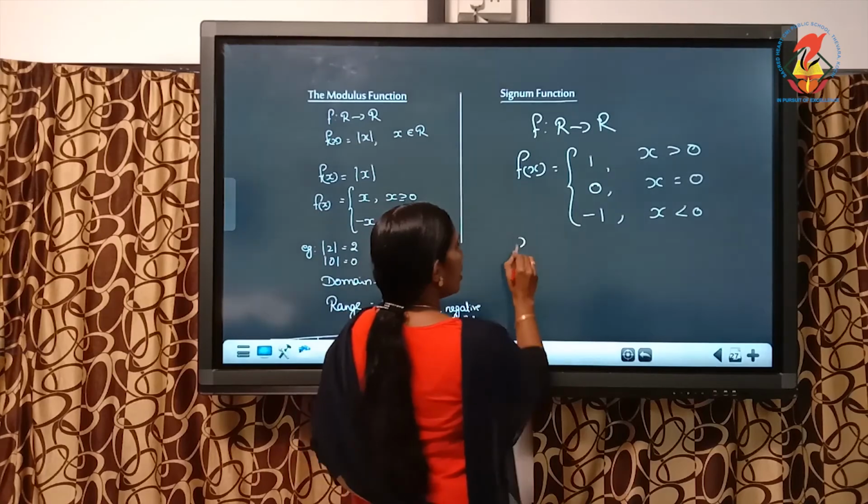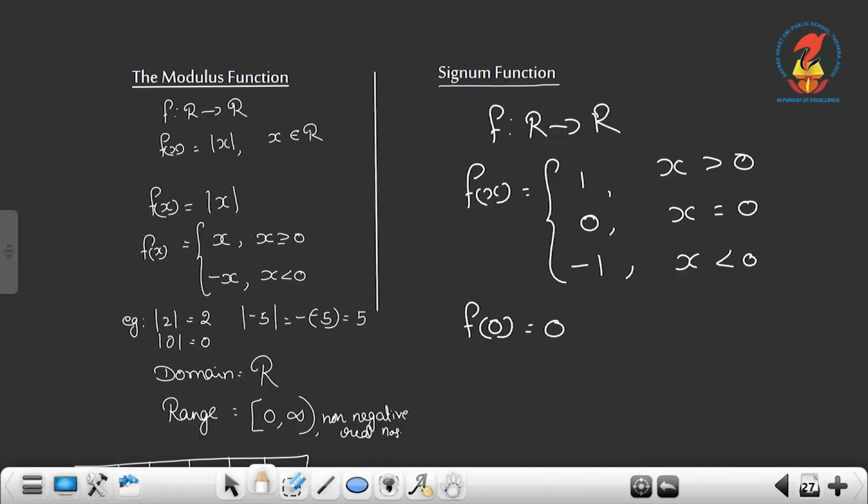For example, f of 0 is 0 itself. When x is 0 the function is also 0. When x is 5, in which category is it? 5 is greater than 0. So what is the answer? It is 1. When x is minus 1.5, x is less than 0, so the answer is minus 1.